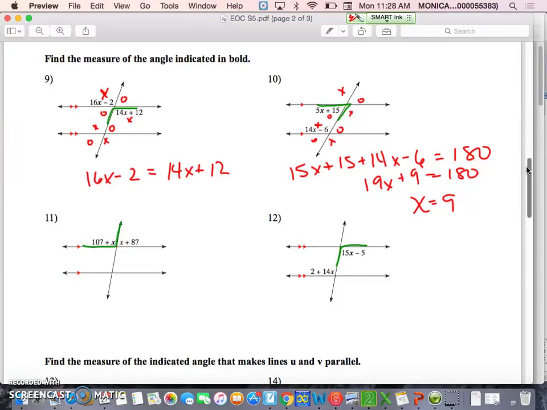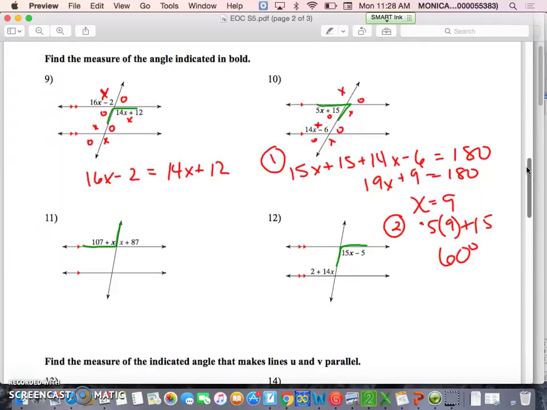That's step 1. So step 2, you actually have to plug this in to 5 times 9 plus 15. And when you actually plug it into the equation, you end up with 60 degrees. So this angle here is 60 degrees.